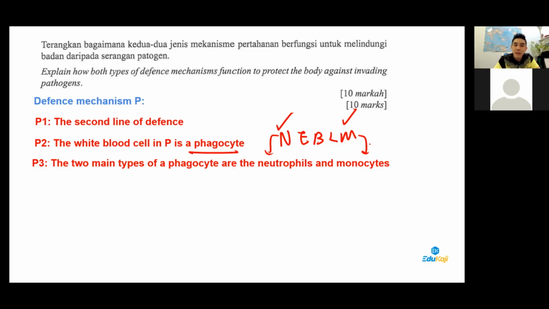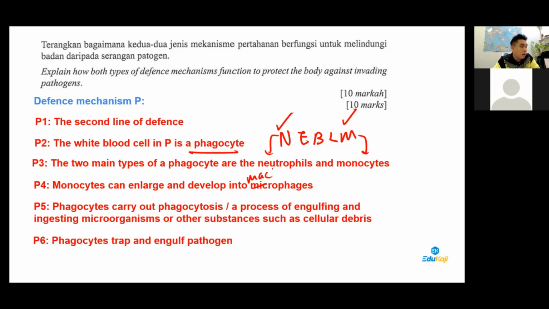Then you can separately elaborate: monocyte can form macrophages. Phagocytes engulf and then use lysosome to attack and destroy the pathogen.